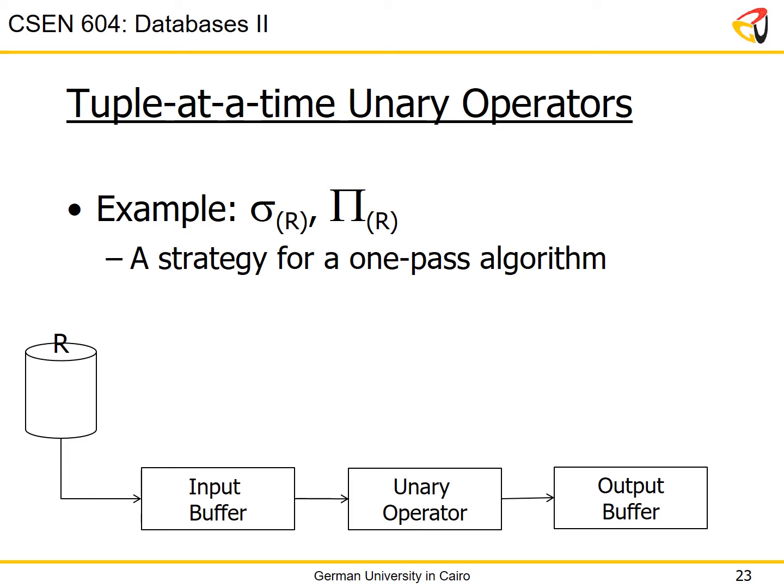So I can run a query on a very, very huge table with a very, very small amount of memory, because I really need 2 pages, one for input, one for output. Even though the relation could be in gigabytes and I don't have this in memory, I could still get it to work. I just need 1 page for input and 1 page for output.